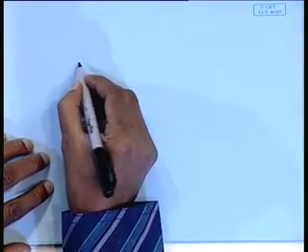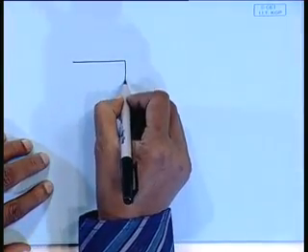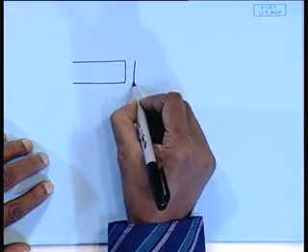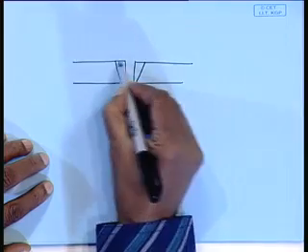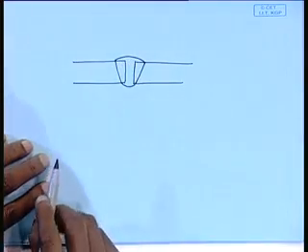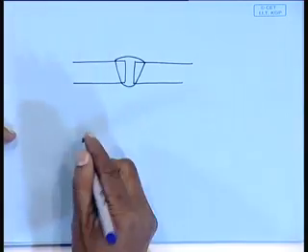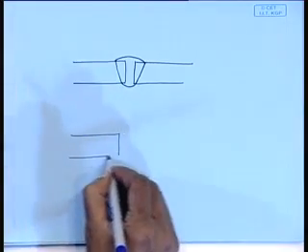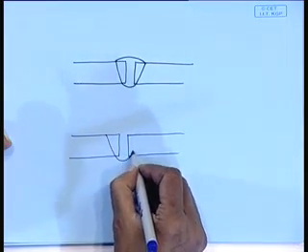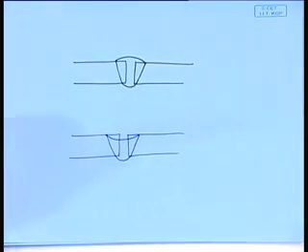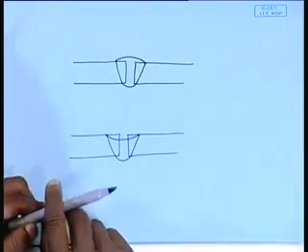Anyway, lack of deposition, as you can see from the very name. Suppose a butt welding is being done, it should lead to a good welded joint, with a weld profile like this. Instead, if it leads to a weld profile like this, then this is lack of deposition.